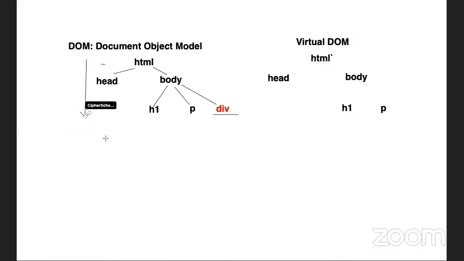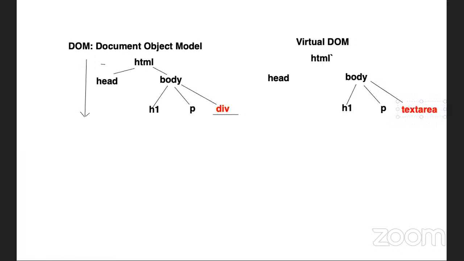What React does in this scenario, so let's say I want to create a new div. I'll go ahead, create a new component basically, and it will check where the new element is going to come into picture. So let's say I want to add, what should we add? Let's add a text area.